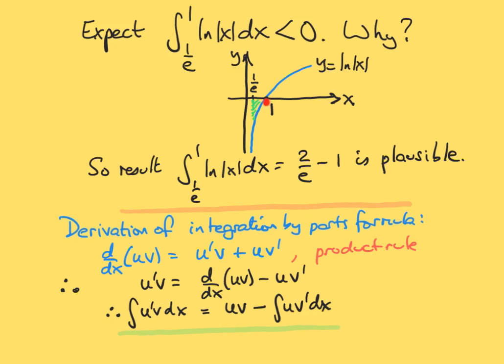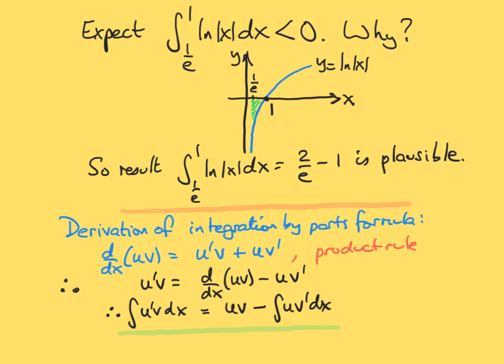And if x is less than 1, the logarithm is negative. And this area between the curve and the x-axis, between x is 1 over e and x is 1, is all below the x-axis. So the value of the integral is going to be equal to this area multiplied by a minus sign. So we expect the answer to be negative, and our answer of 2 over e minus 1 is plausible.